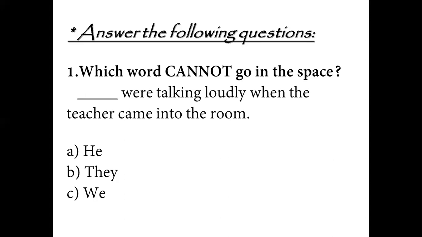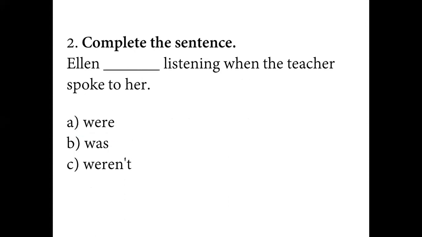Yes, very good. It's A. Yes, excellent. A. He. I cannot say he were talking, because the pronoun he should be followed by was, not were. Question number 2. Complete the sentence. Ellen, space, listening when the teacher spoke to her.